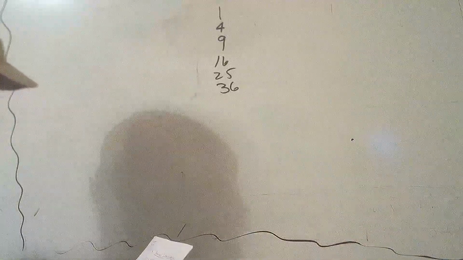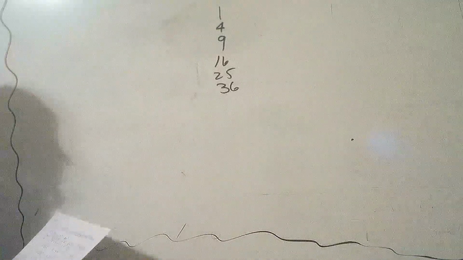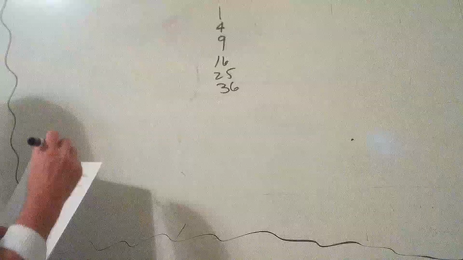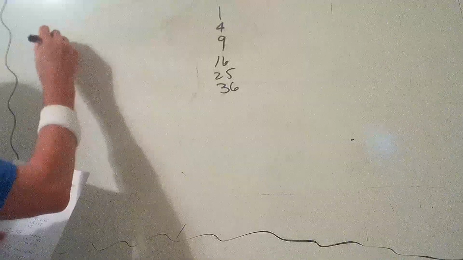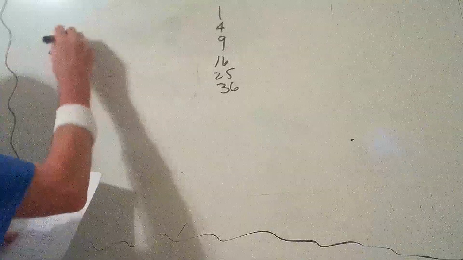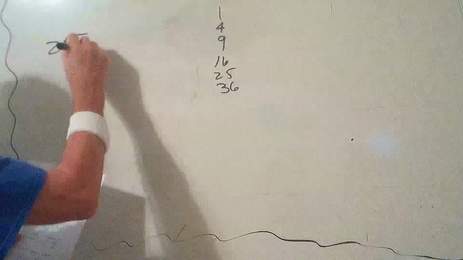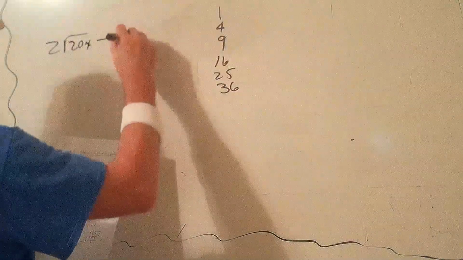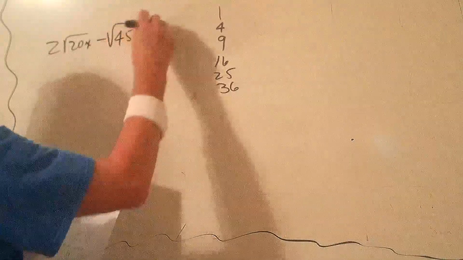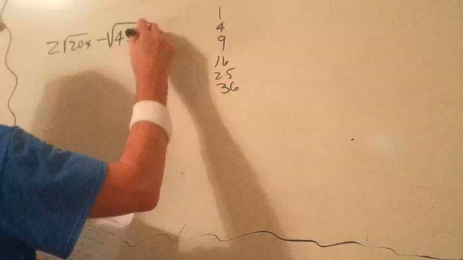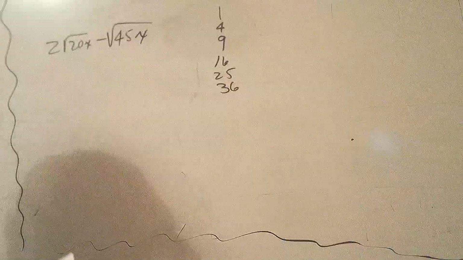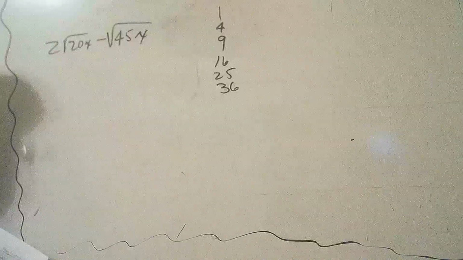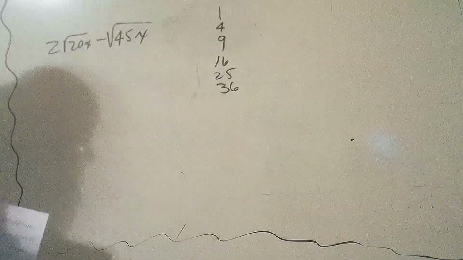Okay, what about this? Two times the square root of 20x minus the square root of 45x. Now let's factor the 20x into a number where one is a perfect square.